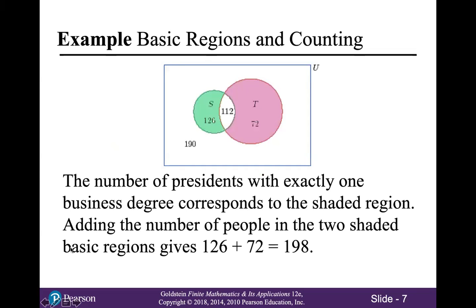The number of presidents with exactly 1 business degree corresponds to the shaded region. It's shaded in both green and pink. Adding the number of people in the 2 shaded regions gives 126 plus 72, which is 198.